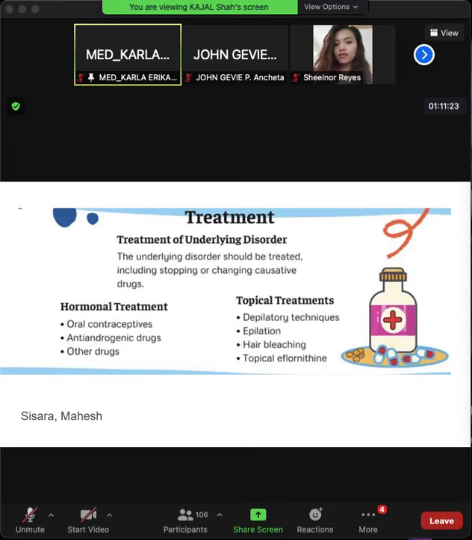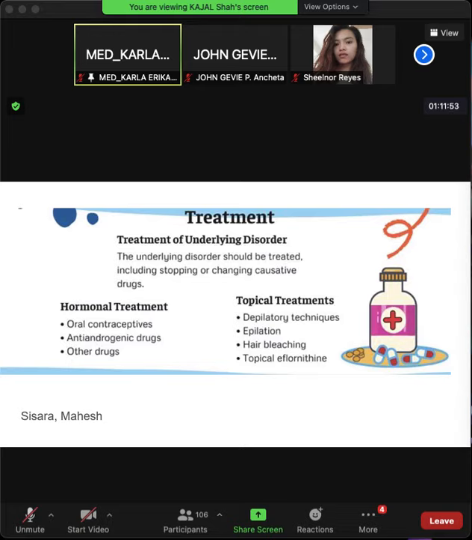For the anti-androgen drug, this type of drug blocks androgen from attaching to their receptor in your body. They are sometimes prescribed after 6 months on oral contraceptive. If the oral contraceptives aren't effective enough, the most commonly used anti-androgen for treating hirsutism is spironolactone. The results are modest and take at least 6 months to be noticeable.